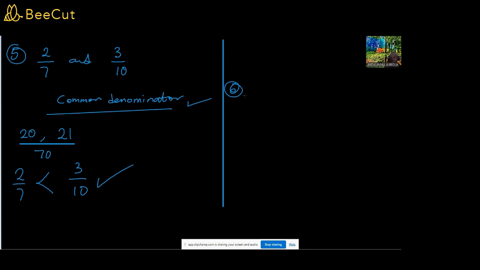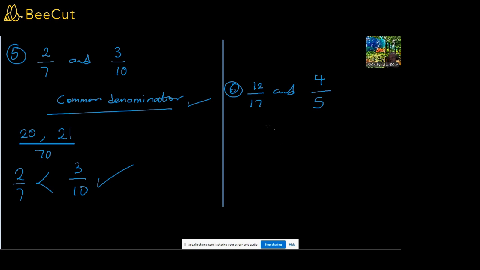Now, for number 6, let's say we have something like 12 over 17 and 4 over 5.